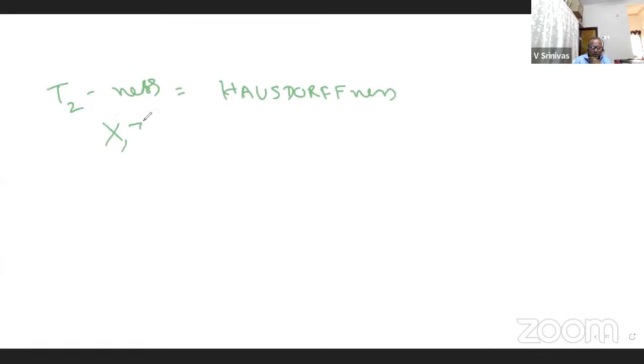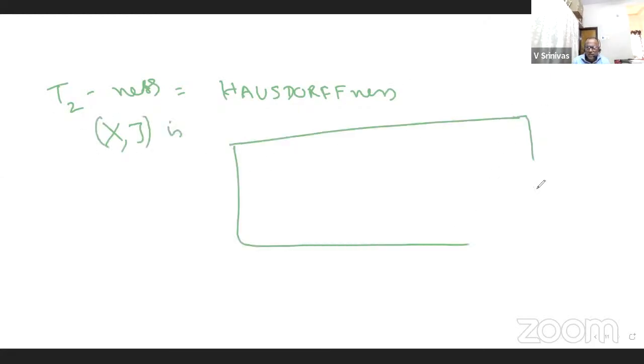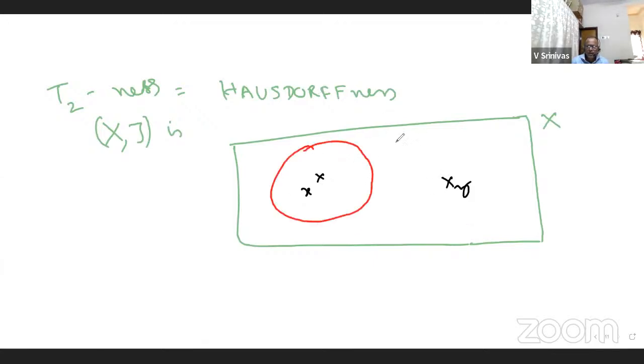A topological space (X, tau) is T2 if and only if each pair of distinct points, small x and small y, can be separated with the help of open neighborhoods. You can find an open neighborhood G here and an open neighborhood H here, such that G and H are disjoint.